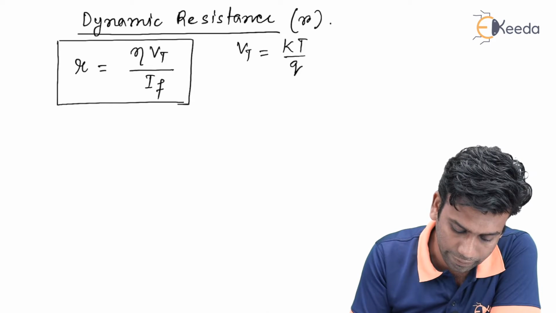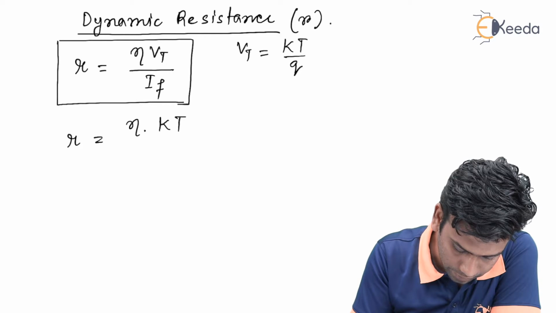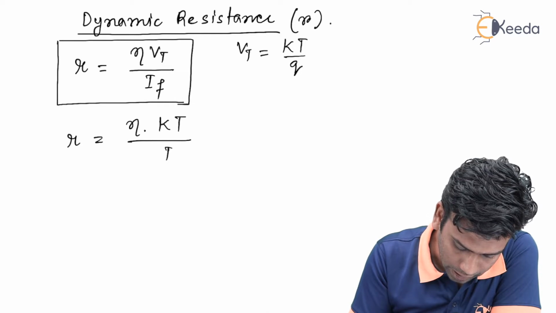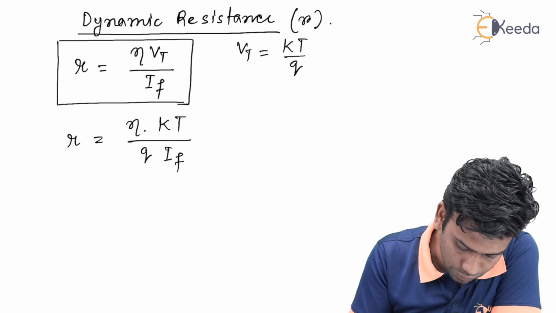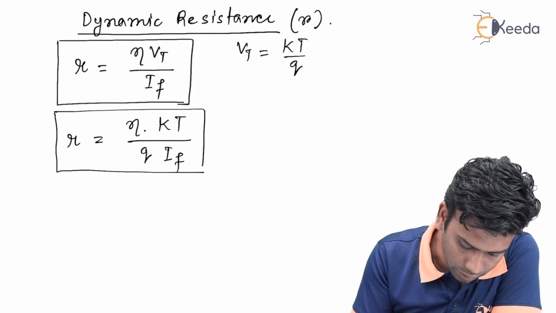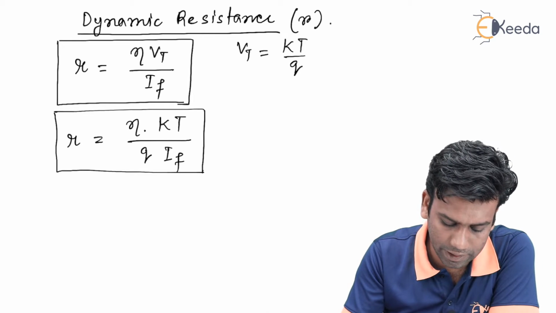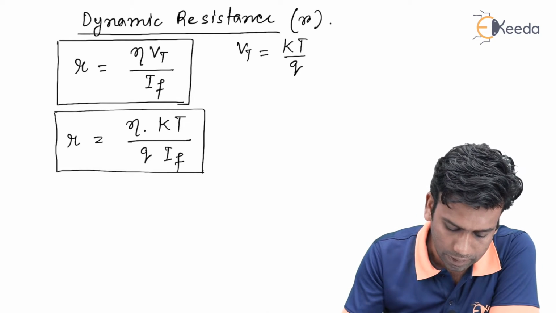So if I put the value of Vt, I get eta KT by If into Q. This is the final equation of the dynamic or AC resistance of the diode.